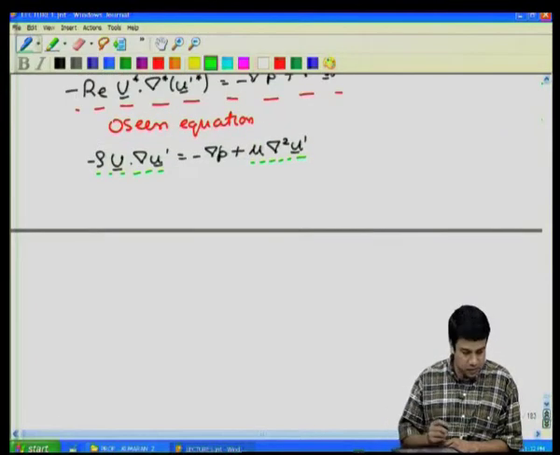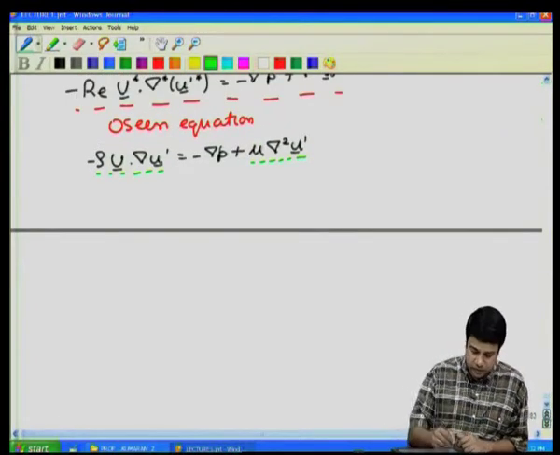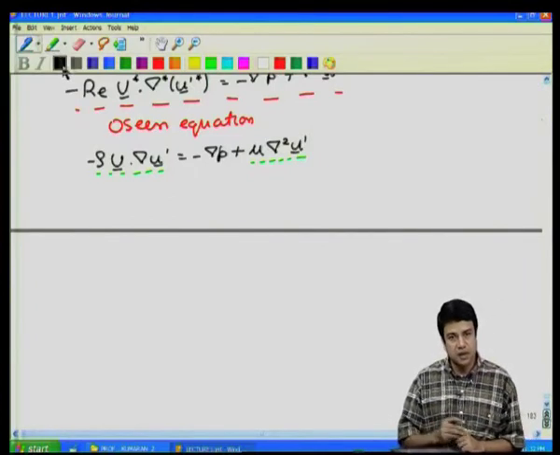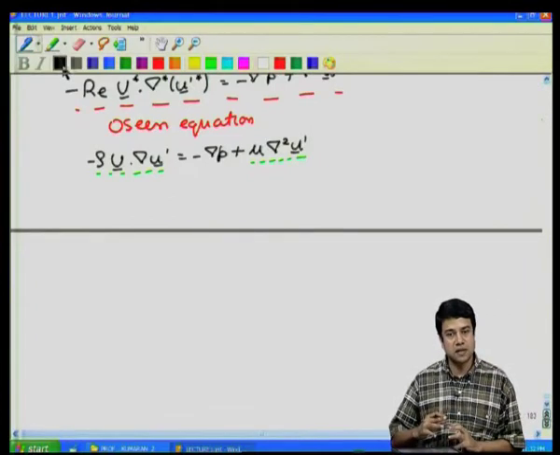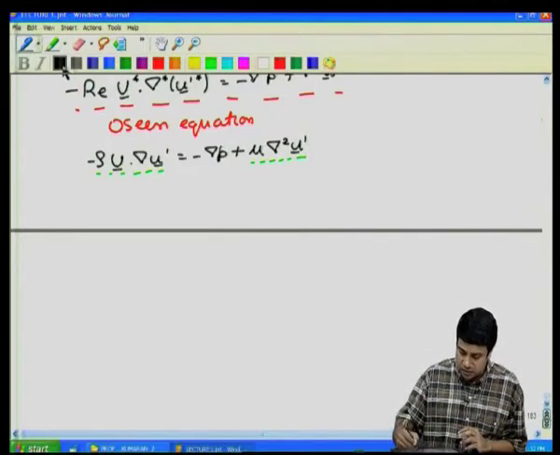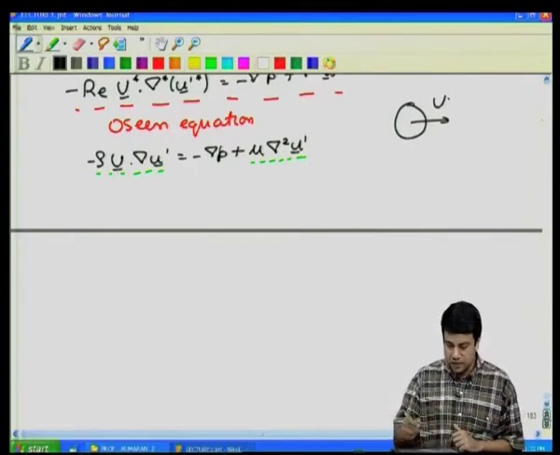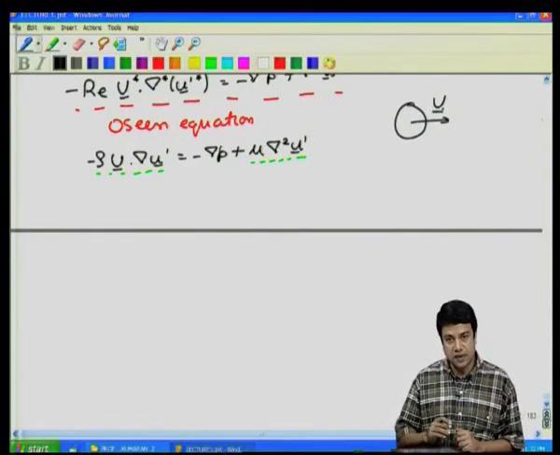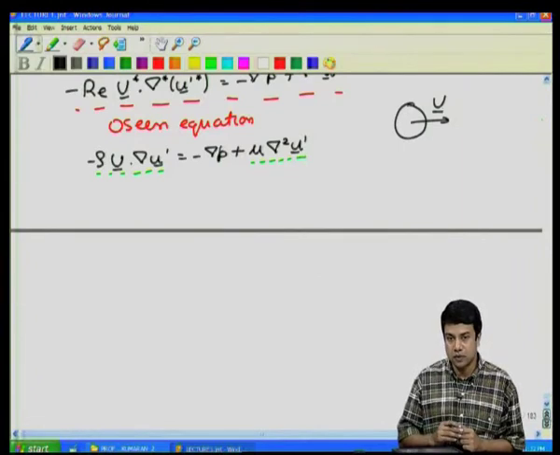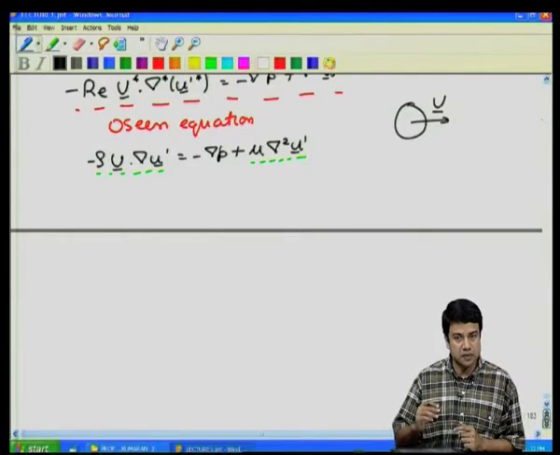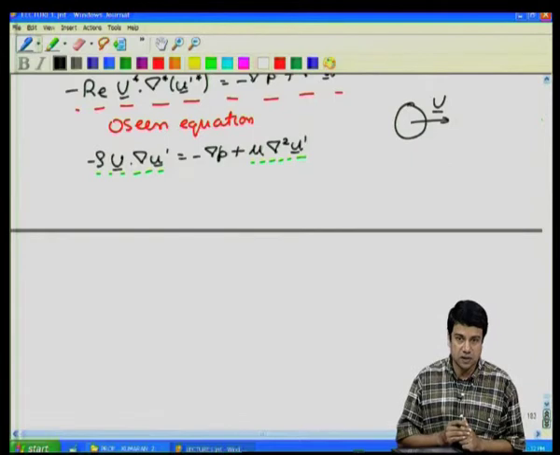The solution is a little complicated mathematically, so I will just give you briefly how it is done. In this case, the configuration is axisymmetric, because I have symmetry around the direction of motion of the sphere. The sphere is moving with the velocity U. Around that axis parallel to U, the configuration is axisymmetric. So, there is no dependence on the meridional angle going around this velocity direction through the center of the sphere.